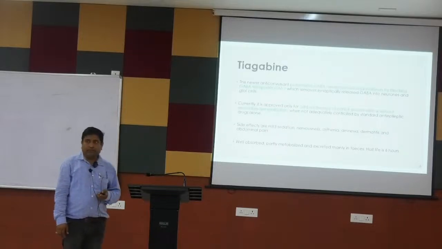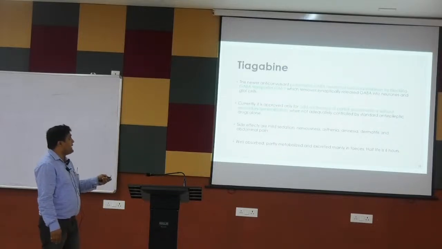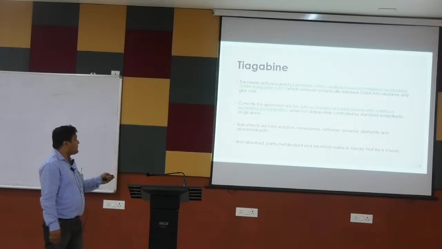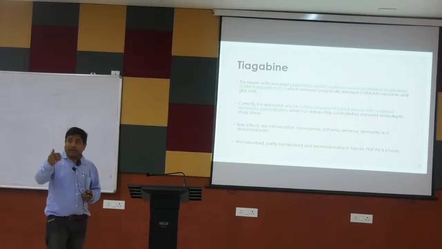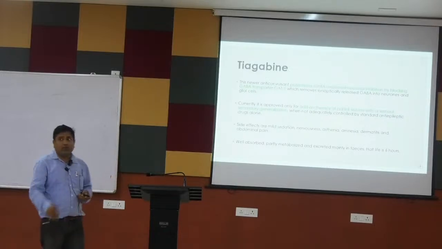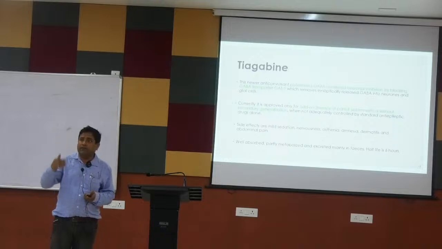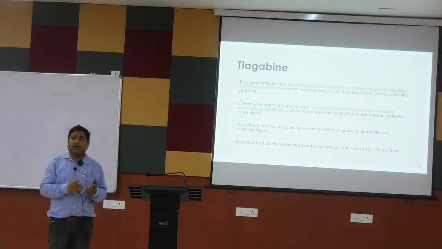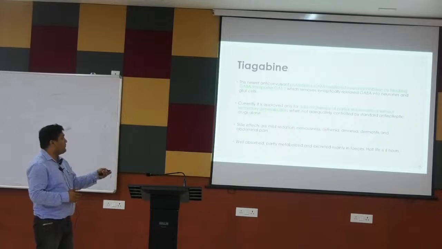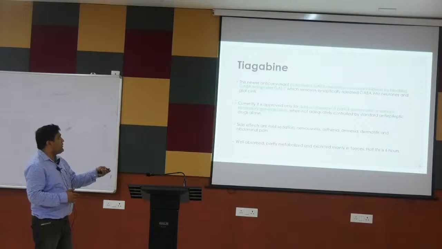Tiagabine. Tiagabine basically inhibits or blocks the GABA transporter GAT1, and thus what does it cause? It removes the synaptically released GABA into the neurons and the glial cells. The GABA released from the presynaptic neuron is normally taken back up, but because of blocking of GAT1, the synaptically released GABA is not reintroduced into neurons and glial cells.